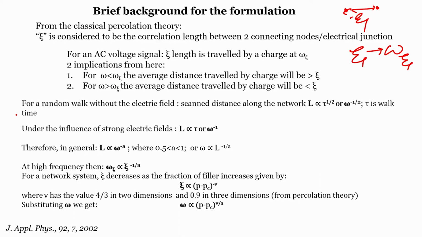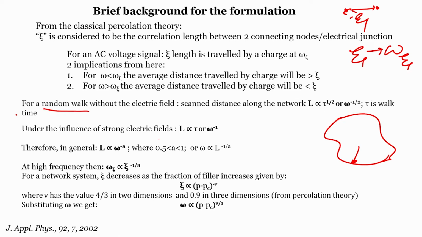Now considering the associated randomness, if I have a charge in the system, the charge will not have any direction per se. Of course there will be a field, but within the conducting island the charge is free to move in any direction, and that is why the associated motion is also called a random walk.